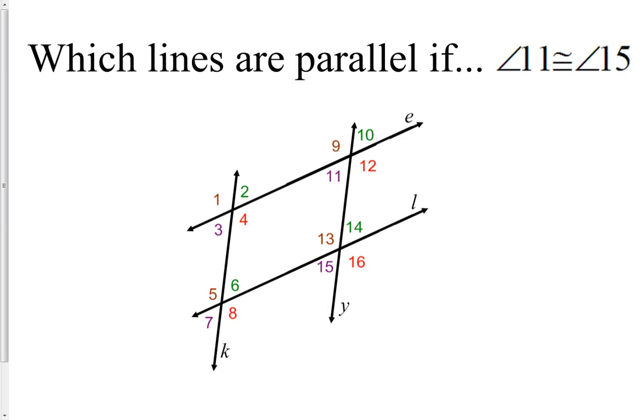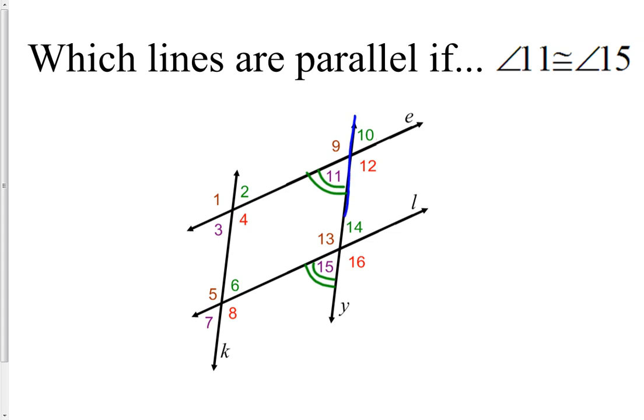Next one, how about if 11 is congruent to 15? So here's angle 11, and here's angle 15. Well, these 2 angles are corresponding angles. So if corresponding angles are congruent, we have a set of parallel lines. So let's now see what the transversal is. The transversal is the line that intersects both angles.